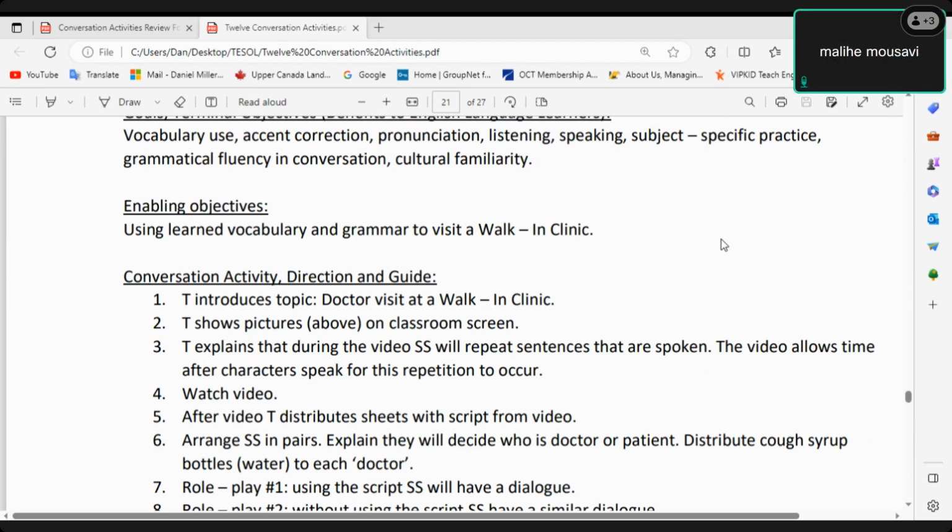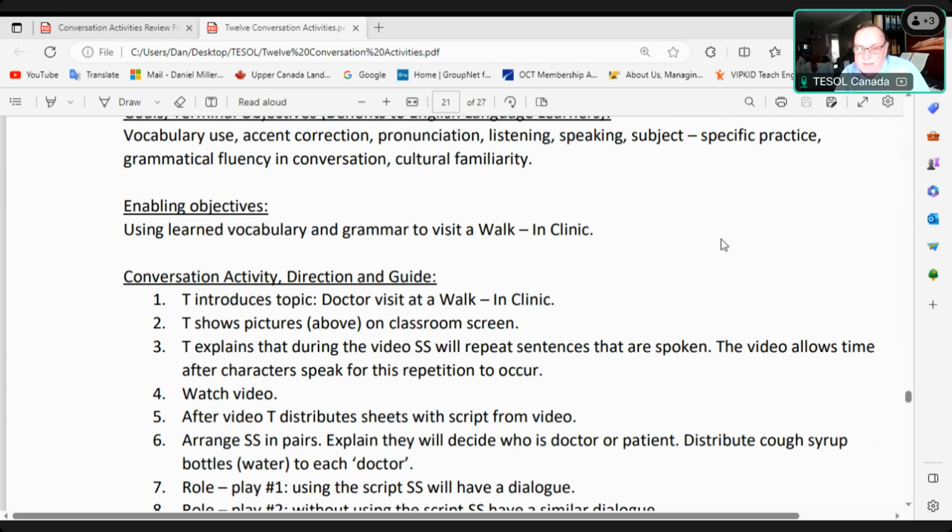Is it possible that I change it and put the PowerPoint in the Word file and resend it? If you created your conversation activities as PowerPoints, that's just fine. That's not a problem at all.